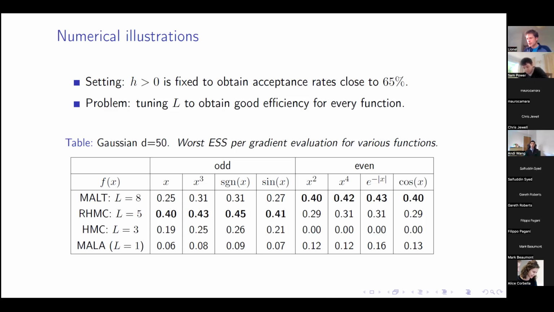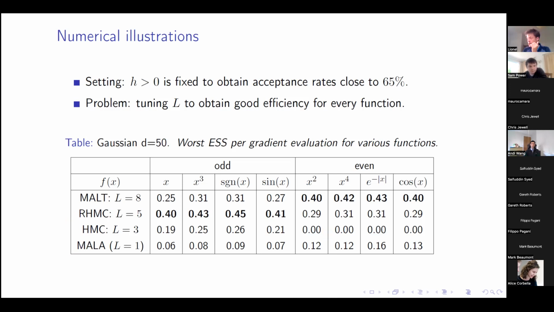If we look at what HMC does, if we want to optimize L to obtain good efficiency for every function, the best choice of L in this example is L equal 1. There is no choice of L strictly greater than 1 that achieves non-negligible worst ESS for estimating the square.